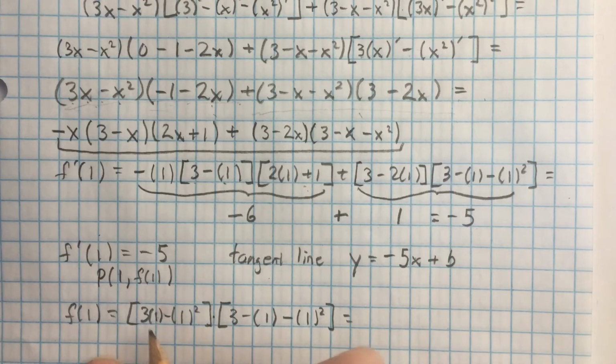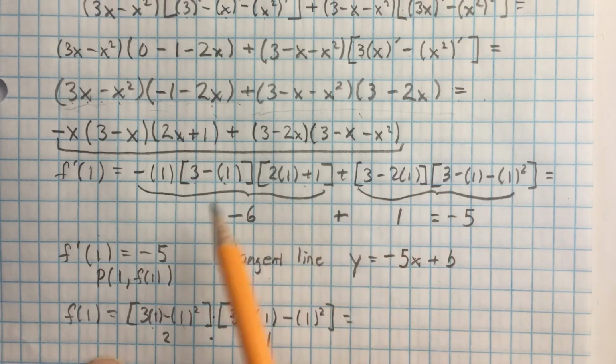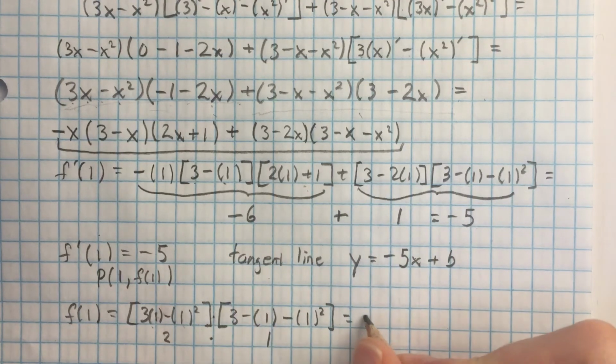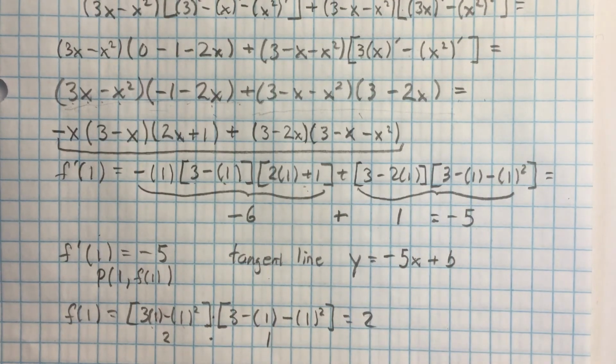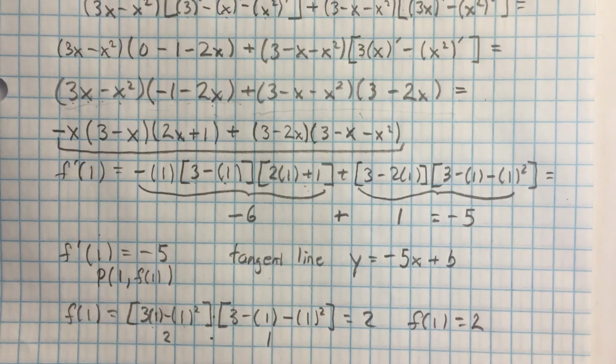All right, so 3 minus 1 is 2, and 3 minus 1 minus 1, which we had a second ago, is 1. One second, I feel like I made a mistake. No, that's fine. All right, so we get 2.